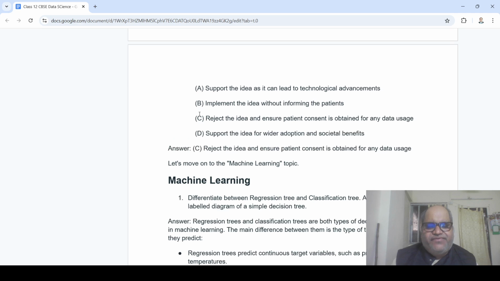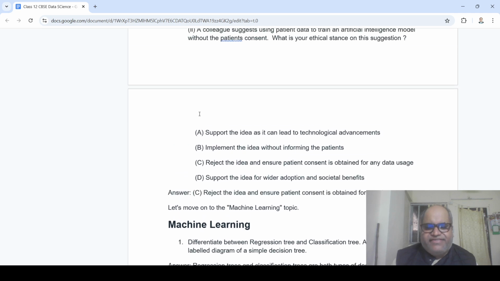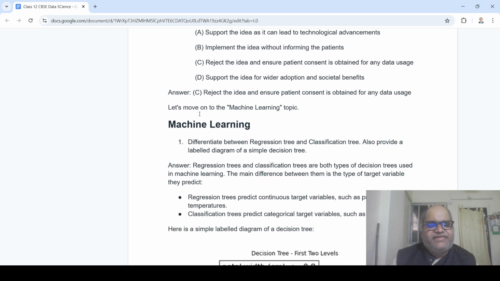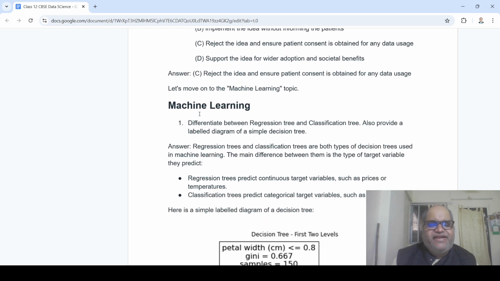Differentiate between regression tree and classification tree, and also provide a labeled diagram of a simple decision tree. A regression tree will be used when your outcome is continuous, for example housing price. In that case, you can use a variation of decision tree that can help you do that.